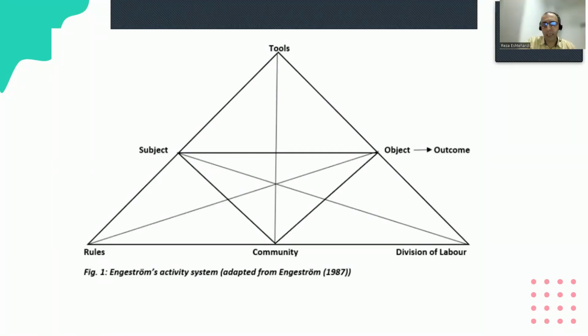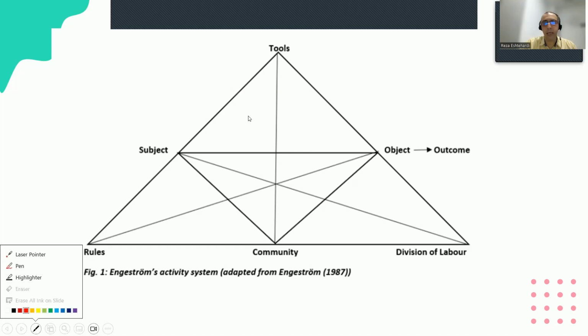Activity theory is shown by triangles, and this is one triangular diagram which shows different elements of this theory. I need to talk a little bit about the theory because it's necessary to understand later when I talk about contradictions in the CELTA online course. So activity theory is all about these 7 elements of a learning system.